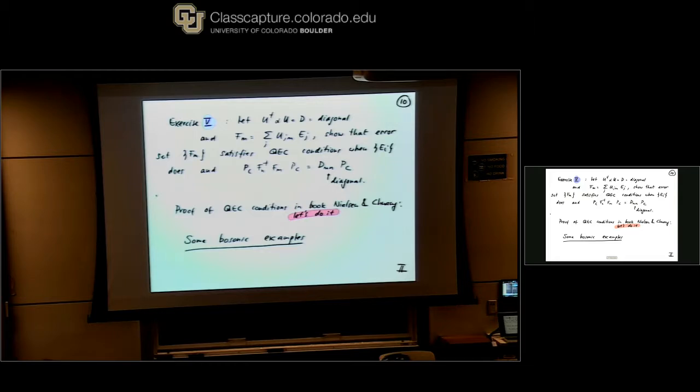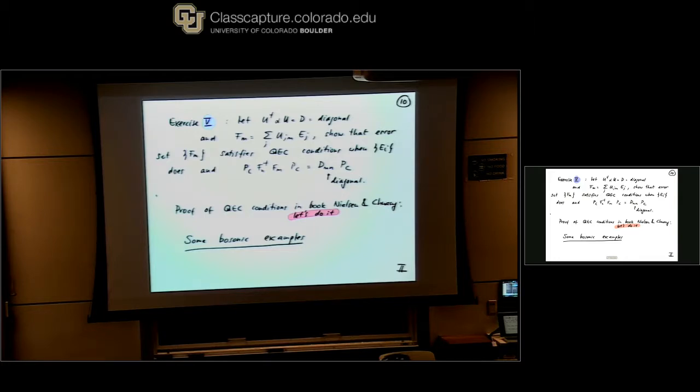And it's a very simple exercise. It's just a one-line thing to examine this quantity, P_C F_n dagger F_m P_C, and then write F_m and F_n in terms of these unitaries and the E's. Use this to show that you get something like this.